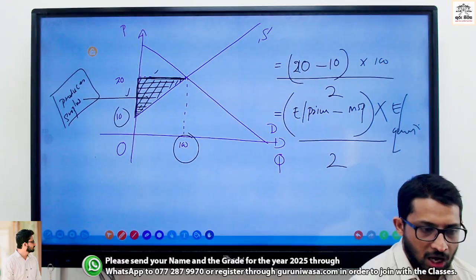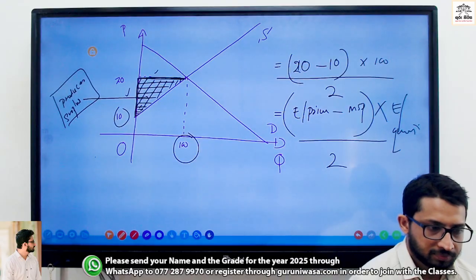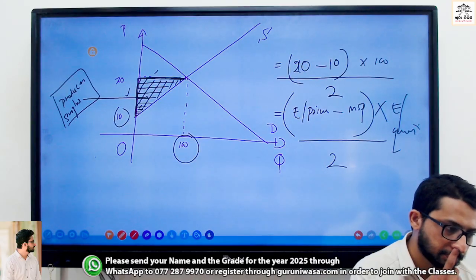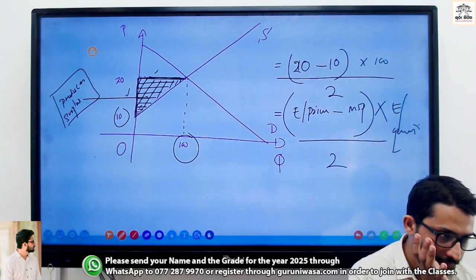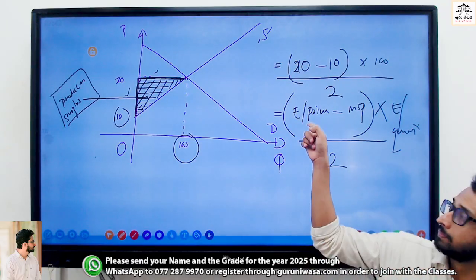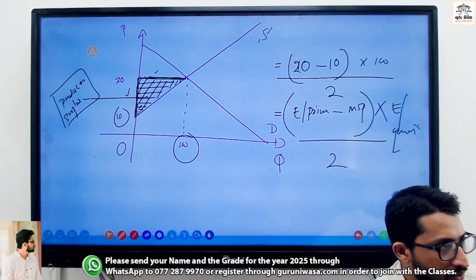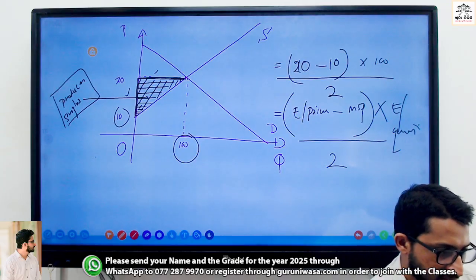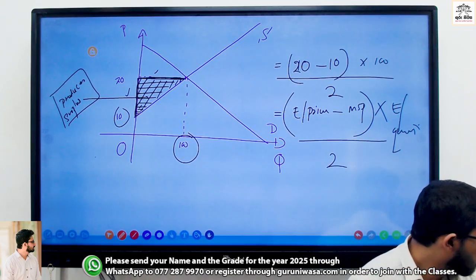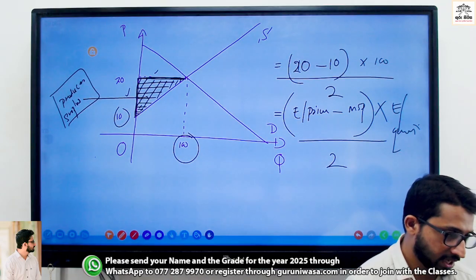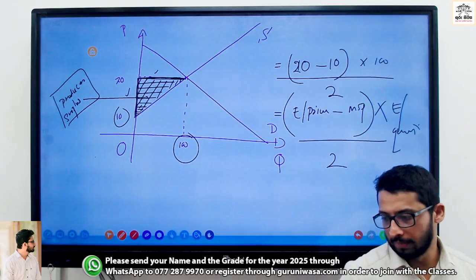There is a box after the graph, below the graph. No need for these values. Write down the original equation. Producer surplus equals equilibrium price, within brackets equilibrium price minus MSP, minimum supply price.